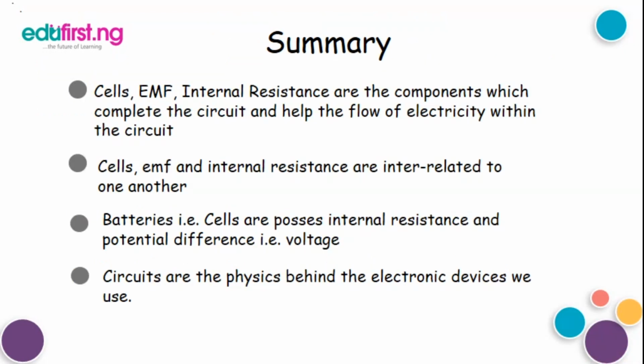In this lesson, we have learned that cells, electromotive force and internal resistance are the components which complete the circuit and help the flow of electricity within the circuit. We have also learned that cells, EMF and internal resistance are interrelated to one another.